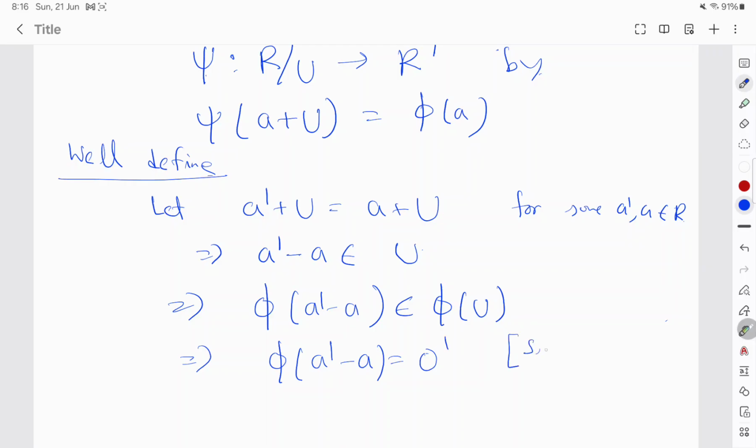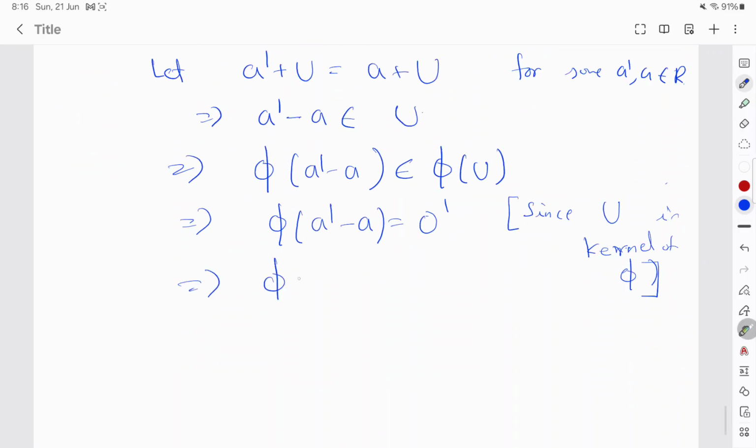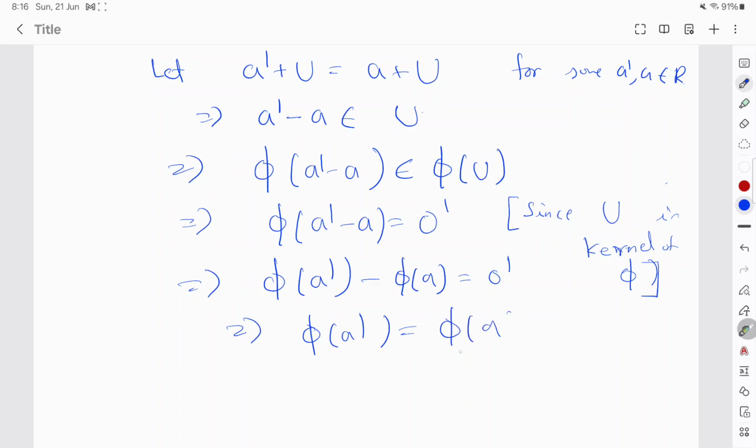Breaking this, phi of a dash minus phi of a equals 0 dash, that means phi of a dash equals phi of a, so psi of a dash plus u equals psi of a plus u.